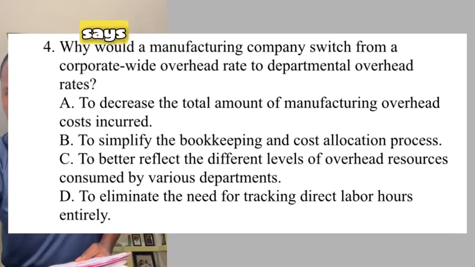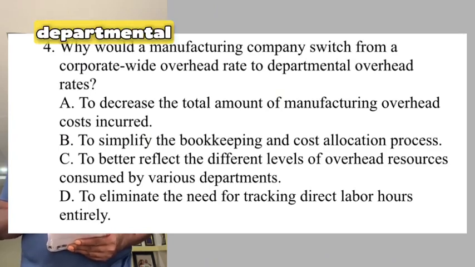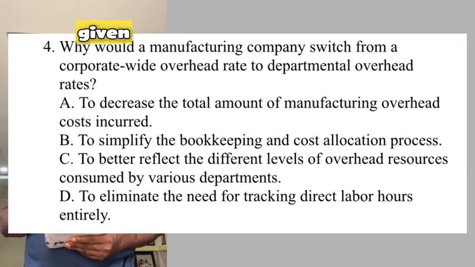Question number 4 says, why will the manufacturing company switch from a corporate-wide overhead rate to a departmental overhead rate? I seem to have given out the answer in my explanation of number 3. Well, let's see how smart you are. If you listened, then you should have the answer.